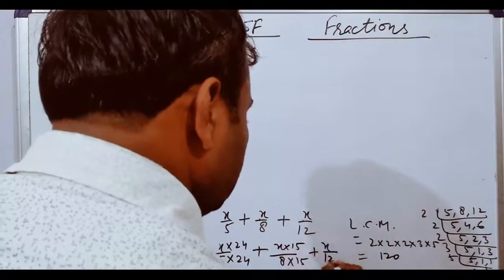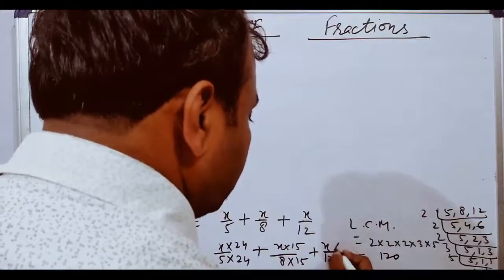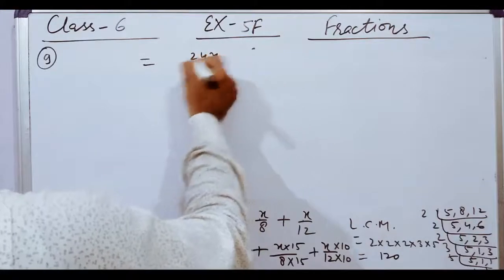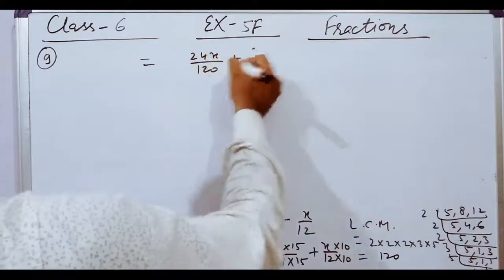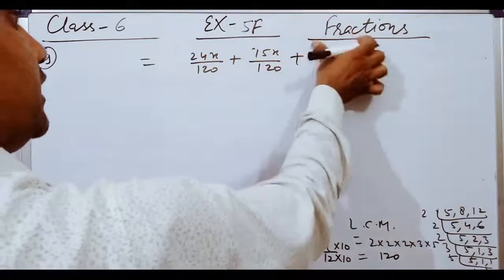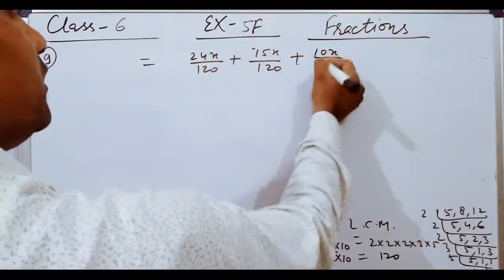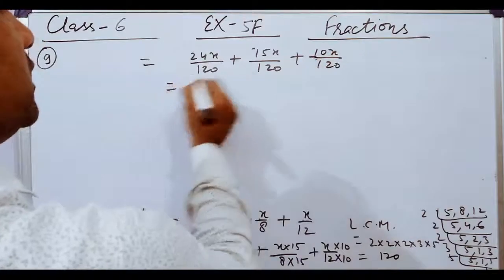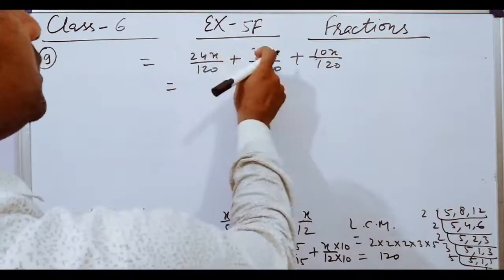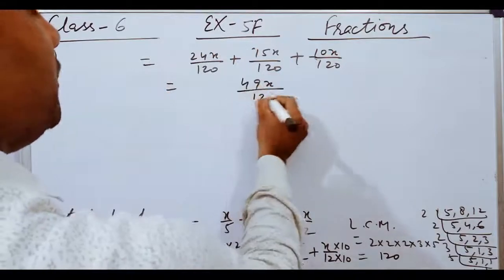To make 12 into 120, multiply by 10. Then it is 24x upon 120 plus 15x upon 120 plus 10x upon 120. It is 49x upon 120.